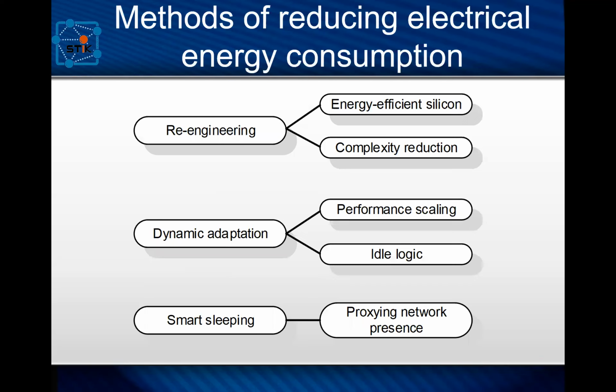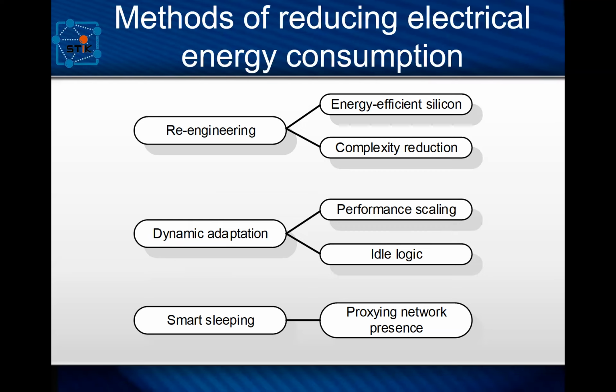The first group is re-engineering of devices or entire systems. Here we distinguish methods associated with efficient silicon, such as efficient integrated circuits. Another way in this first group is to reduce the complexity of electronic circuits. Less complex circuits, of course, consume less energy.